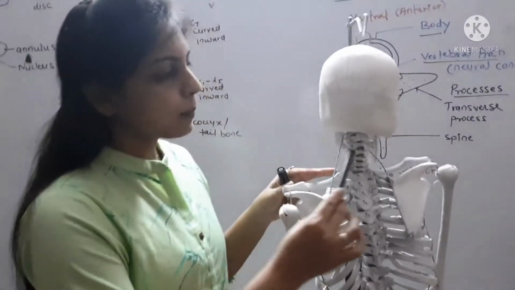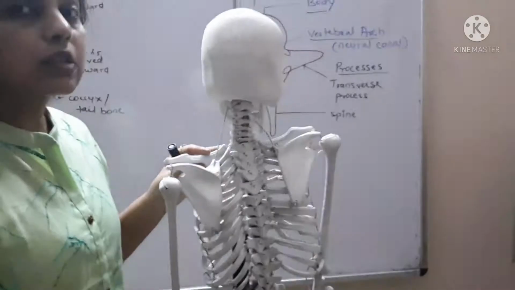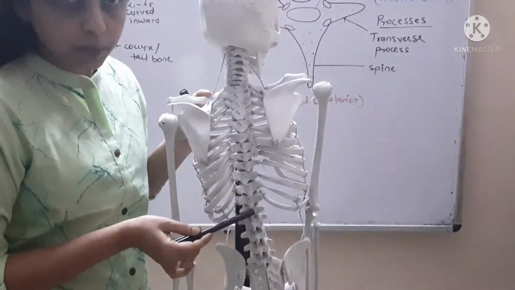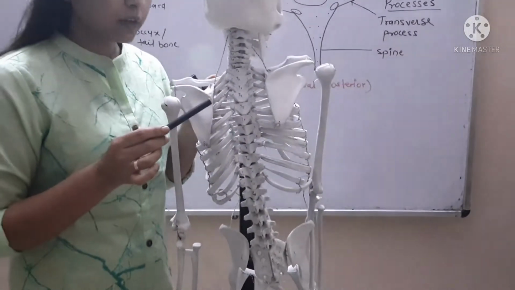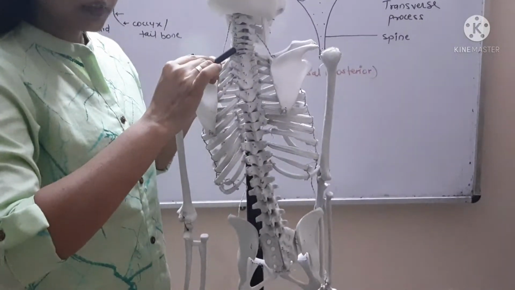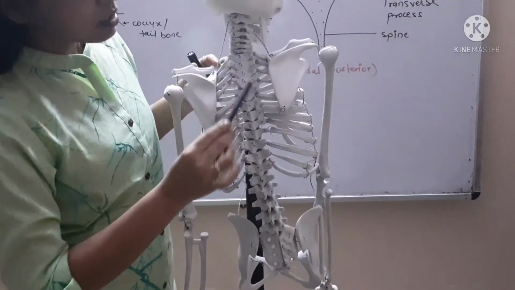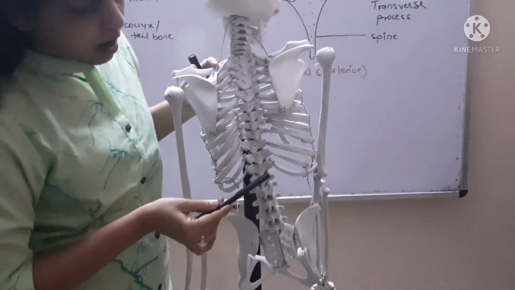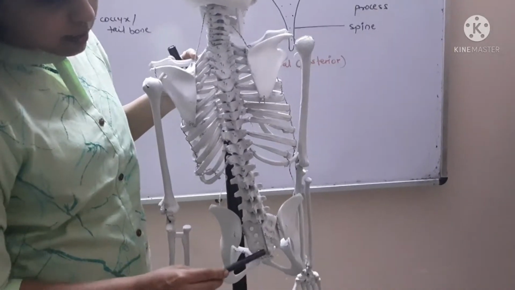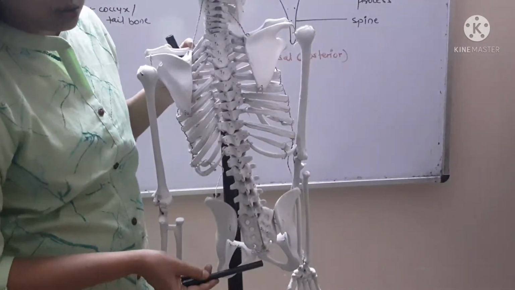Now, as you can see, our vertebral column is not straight, but it shows curvatures. It shows two types of curvatures. In the cervical region, it is curved inward, whereas in the thoracic region, it is curved outward. Again, in the lumbar region, it is curved inward, and in the sacral and coccygeal region, it is curved outward.